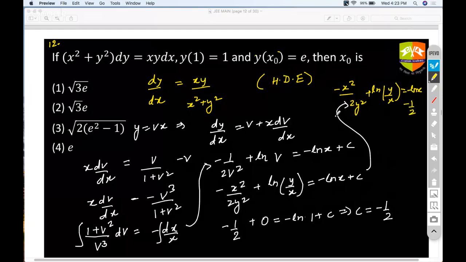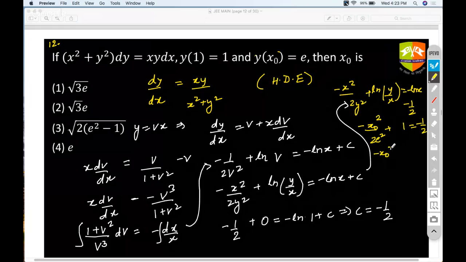Now they're saying that when x is x naught, your y is e. So if I substitute my x with x naught and y with e, by the way, I can write this as ln y minus ln x. That will get cancelled over there. In this case, y is going to be e and ln e is going to be 1, so I can replace this with 1. 1 goes on the other side.